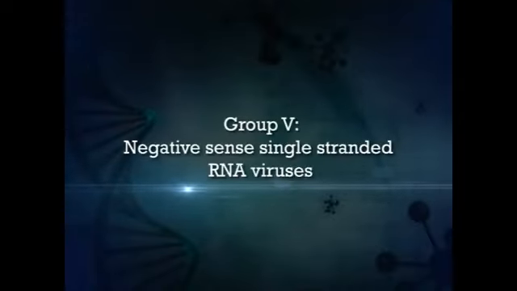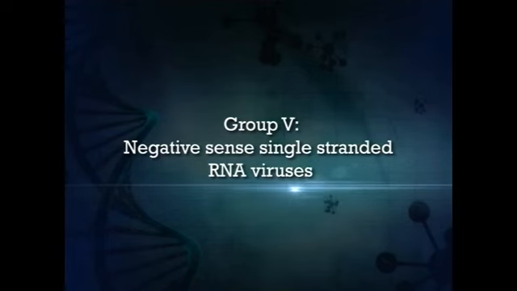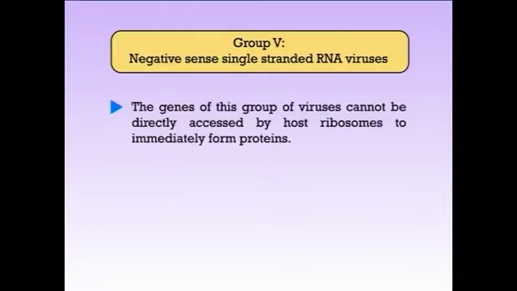Now coming to Group 5, these are the negative sense single-stranded RNA viruses. The genes of this group of viruses cannot be directly accessed by the host ribosome to immediately form proteins.